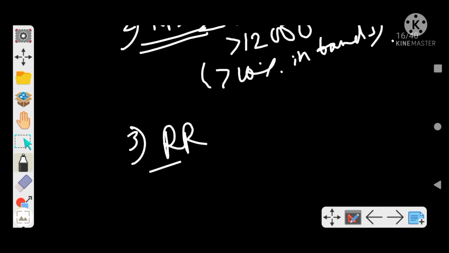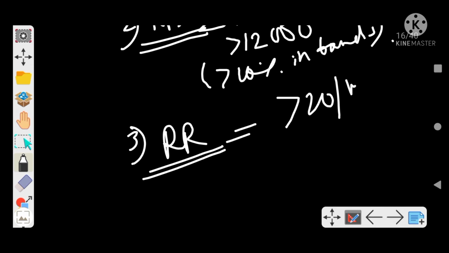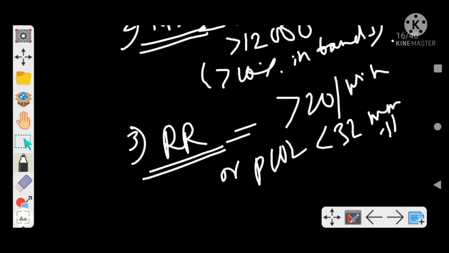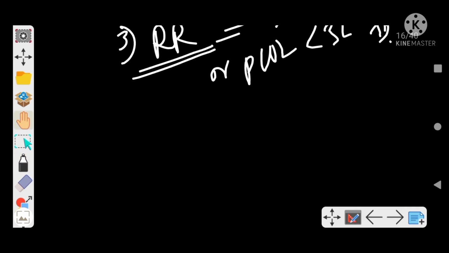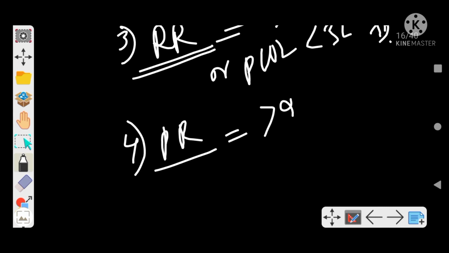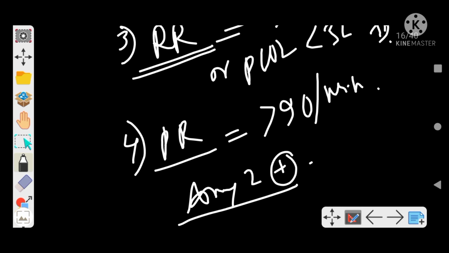Third, we can take the respiratory rate, more than 20 per minute, or PCO2 less than 32 mm mercury. Then pulse rate more than 90 per minute. So out of the four criteria, if any two are there, we say that it is systemic inflammatory response syndrome.